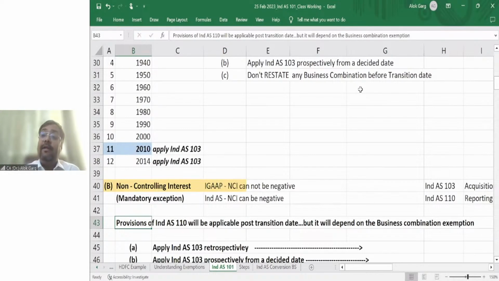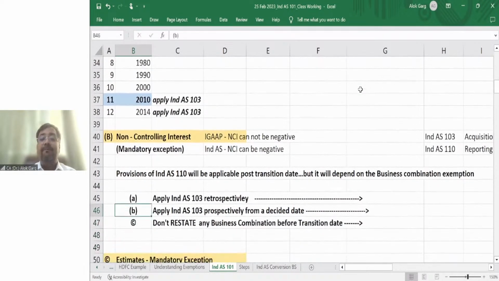But if you have restated your previous business combination, in that case, you have to restate the consolidation also. So it says that it will depend on the business combination exemption. What is meant by that?